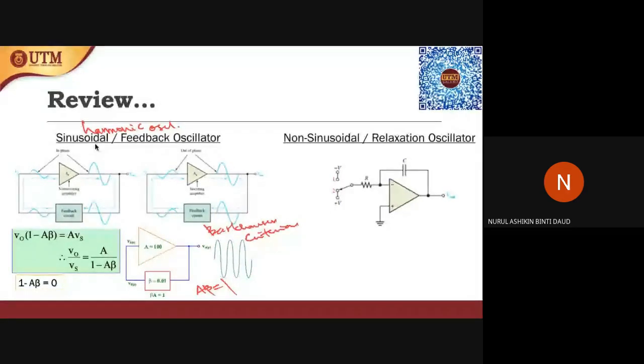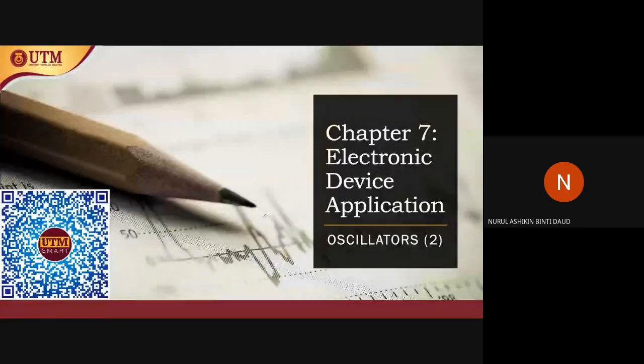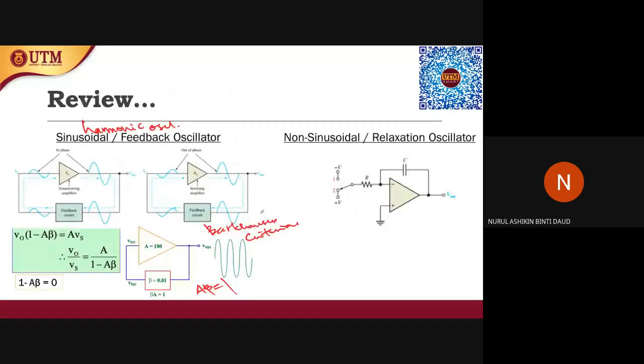The Barkhausen criteria is needed in order to sustain the signal of the output oscillator.